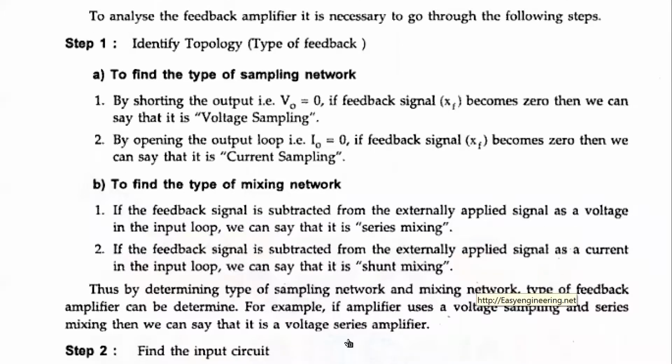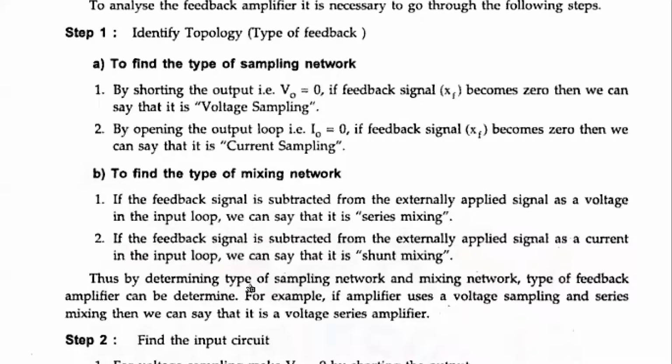So what happens is, by determining the type of sampling network and mixing network, the type of feedback amplifier can be determined. How? Suppose we have voltage sampling at the output and series mixing at the input, then we say it is a voltage series feedback amplifier.